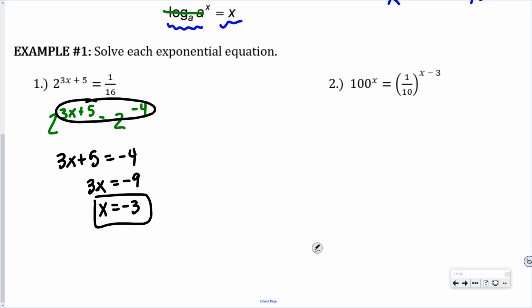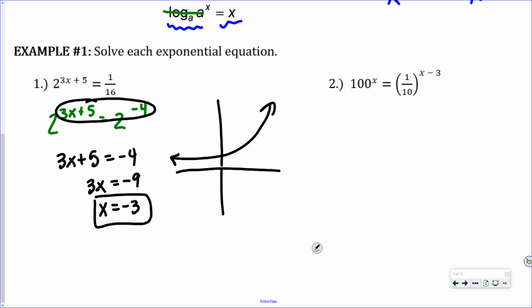Now, in exponential equations, think of what exponential functions look like. Because our domain is always all reals, you don't really have to go back and make sure that it fits in our domain, because we can take the exponent of any number, positive, negatives, fractions, whatever.